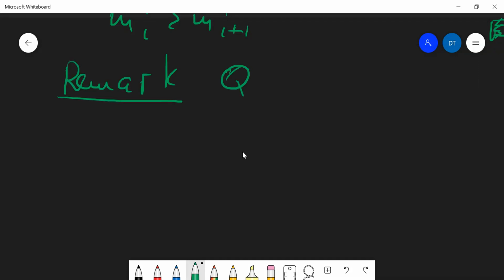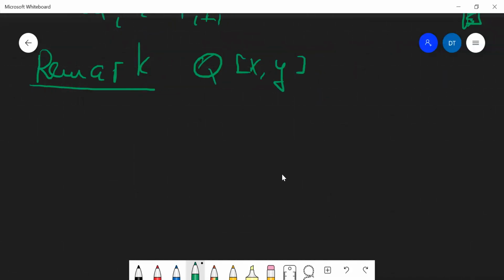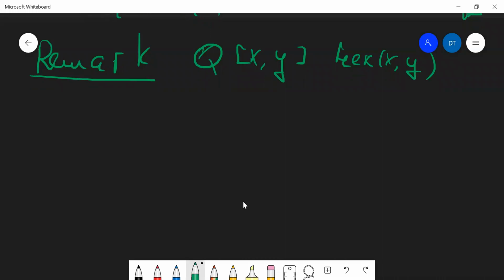I want to consider the polynomials in n variables and the lexicographical order with respect to this ordering of the variables. Then if I take x squared y, there are infinitely many monomials strictly smaller than this guy.